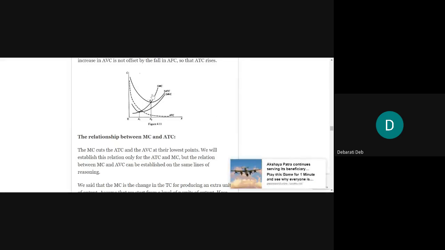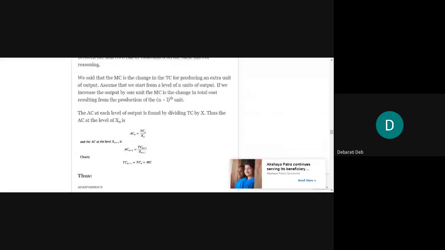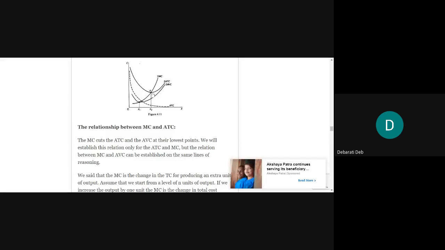Yeah, this point A. To the right of A, what is said? The MC curve lies above the AC curve, right?